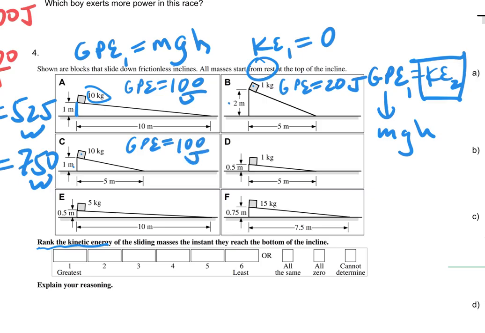Letter D, GPE is equal to mass 1 times 0.5, is 0.5 times 10. That's only 5 joules. Letter E, mgh, 50 times 0.5 is 25 joules, is what the GPE is.